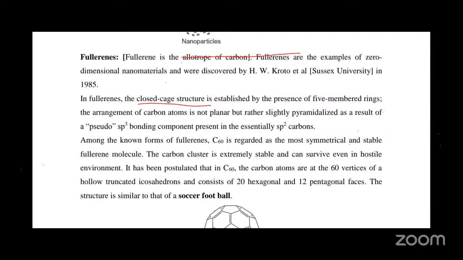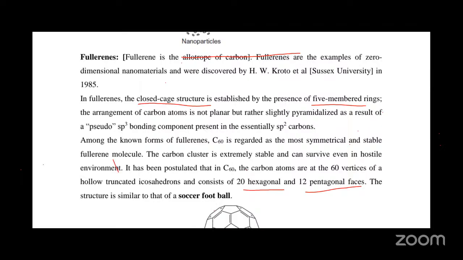Fullerenes are closed cage structure materials, formed by the presence of 5-membered rings as well as 6-membered rings. It contains 20 hexagons and 12 pentagons.